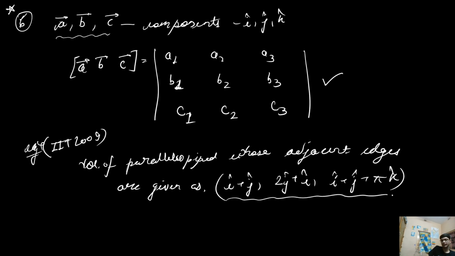There are three vectors which represent the adjacent edges of a parallelepiped. So to calculate the volume, you directly have to calculate the scalar triple product of these three vectors.